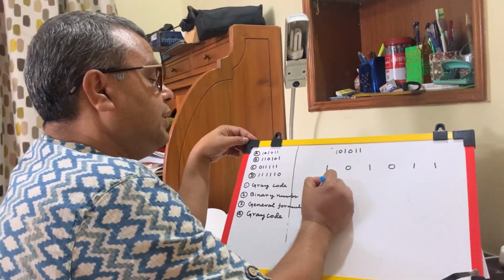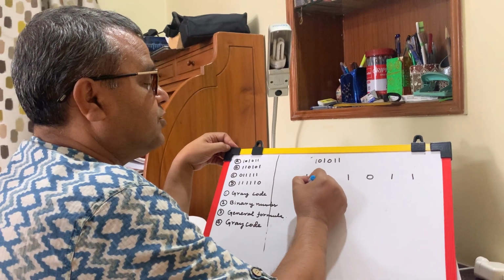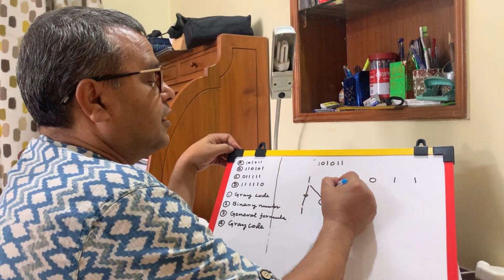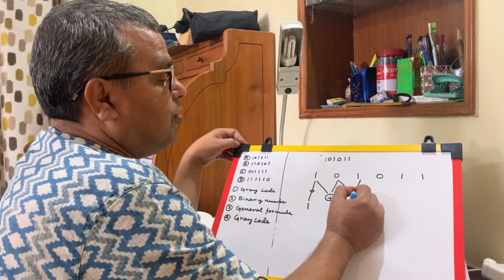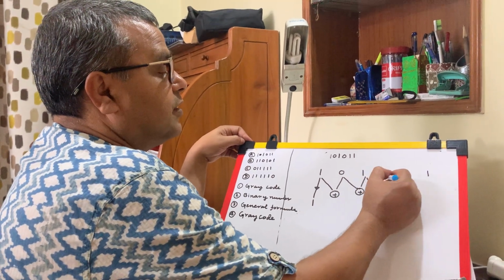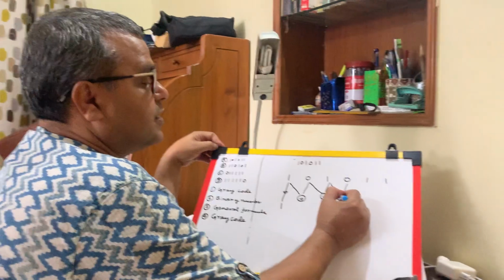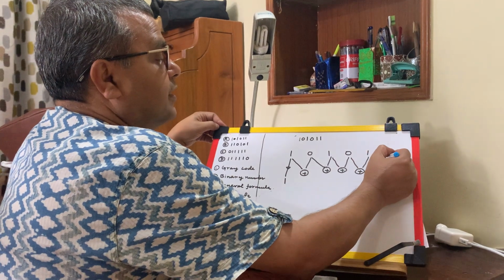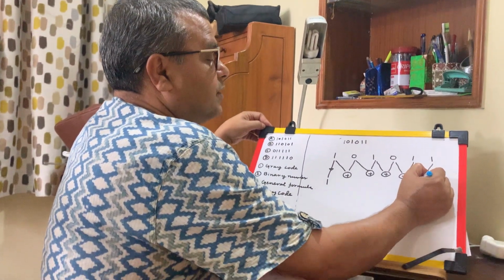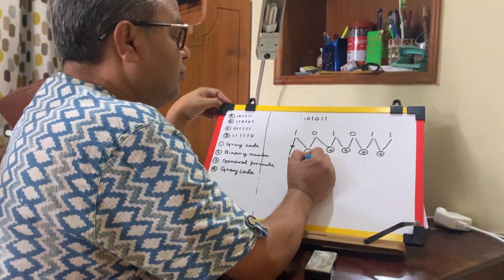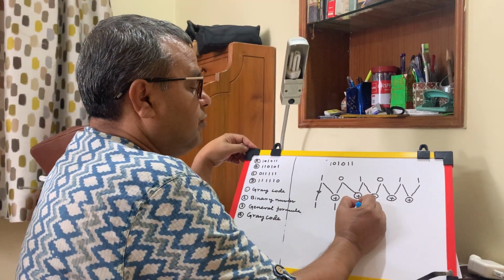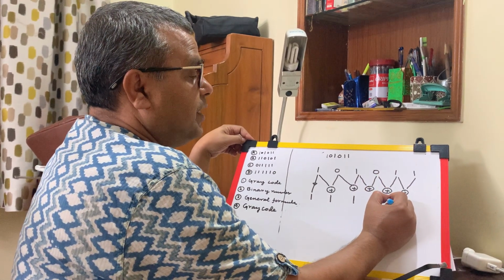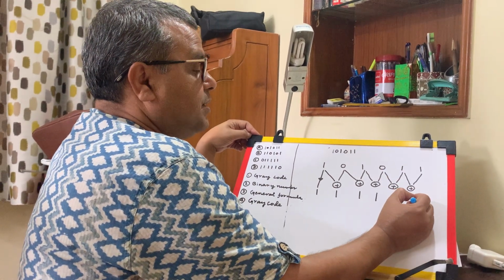Now in gray code, 1 will remain 1, and next we have to take the XOR of these two numbers, then of these two numbers, then these two, then these two, and then these two. So 1 0 XOR we know will be 1, 0 1 XOR will be 1, 1 0 would be 1, 0 1 XOR would be 1, and 1 1 XOR would be 0.